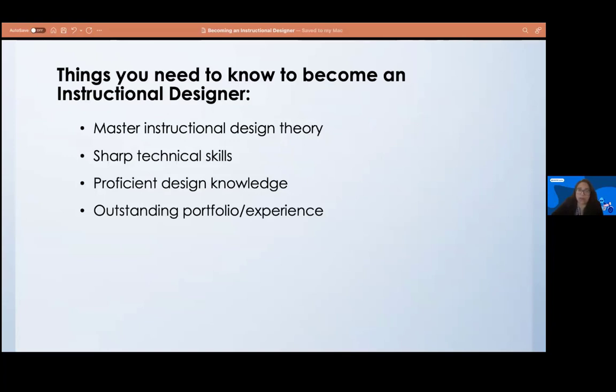Things you need to know to become an instructional designer. Okay, so this seems like just small things to learn, but under each bullet, there's a lot that goes into play. For example, the instructional design theories, the technical skills, with technology you have to know about design, and you have to have a portfolio or experience to prove your knowledge.